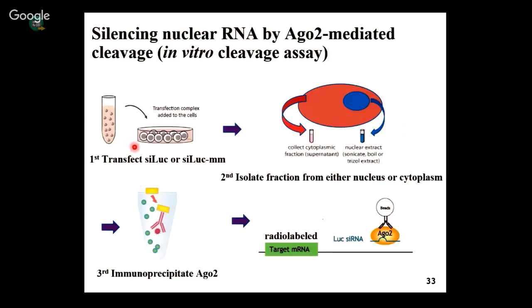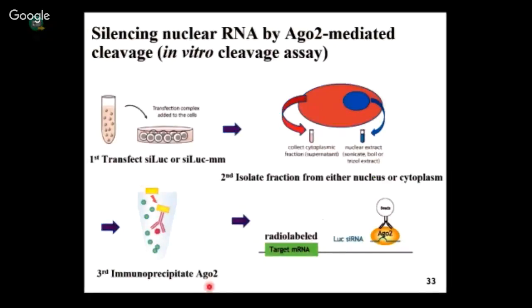And then to further test the potential for nuclear AGO2 to cleave the RNA substrate, they perform an in vitro cleavage assay. In these assays, the cells are either transfected with si-luciferase or si-luciferase mismatch. And then they isolate the fraction from either the nucleus or cytoplasm. And the third step is to immunoprecipitate the AGO2 protein from the nucleus fraction or cytoplasm fractions.